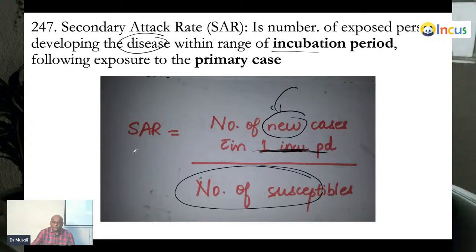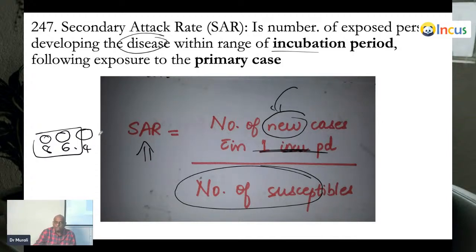So one important point you need to remember when calculating secondary attack rate is, for example, there are 4 children. One is 8-year-old, unvaccinated. Second is 6-year-old, unvaccinated. But third is vaccinated, 4-year-old, right? And another is 2-year-old, vaccinated. So if these 2 vaccinated children are not susceptibles, and first this 8-year-old boy got the disease, what do you call him?